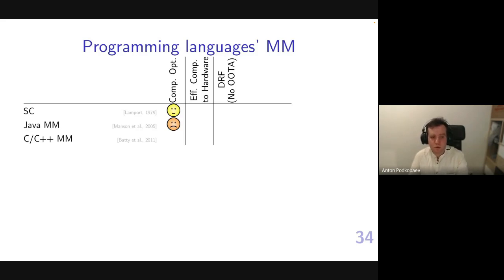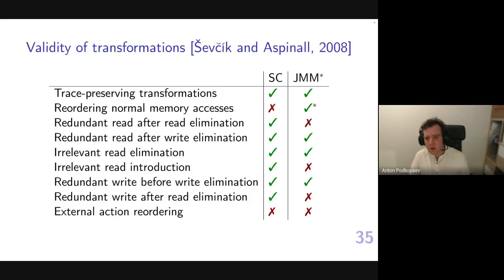Okay, so what about the Java memory model? Surprisingly, the Java memory model arguably has a situation which is worse than sequential consistency in terms of supported optimizations. So now we have a column for the Java memory model in the table.